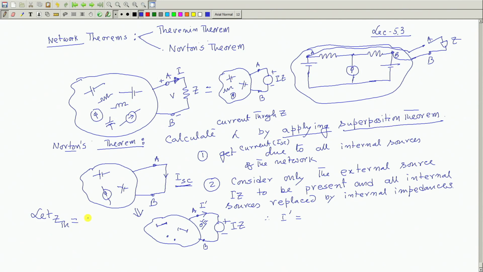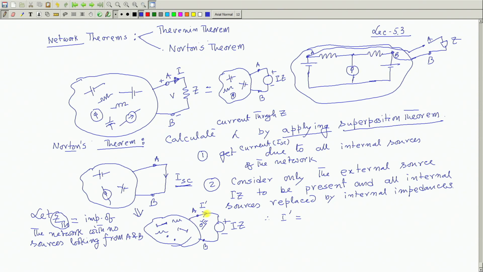It is the impedance of the network with no sources, looking from points A and B. If you look at what the equivalent is, because there are impedances connected in a fashion here, find out the equivalent resistance, and that impedance I am calling Z Thevenin's.